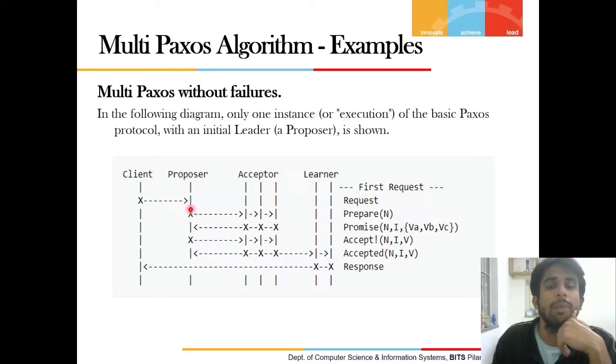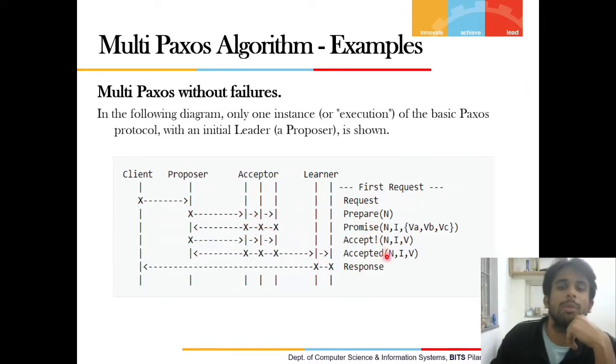It will send a prepare message with the proposal ID to all the acceptors. After the acceptor receives this prepare message, as it didn't promise to reject any proposal with the proposal ID N, it will send a promise message to the proposer.